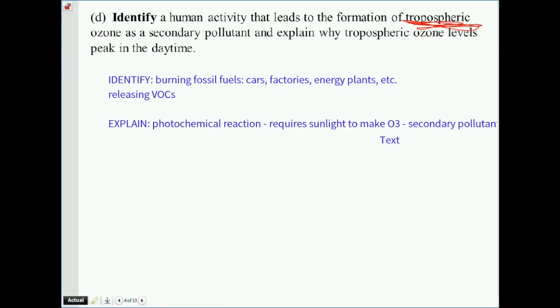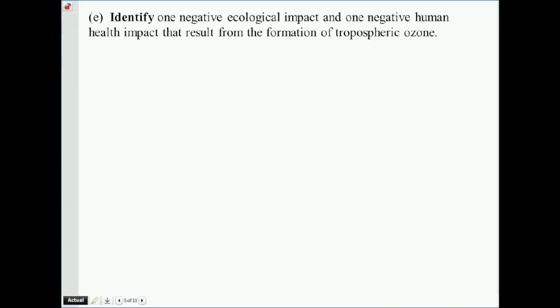Okay, and then I think this question had one more part. They want you to identify an ecological impact, and since they ask you to identify, you don't have to explain it.